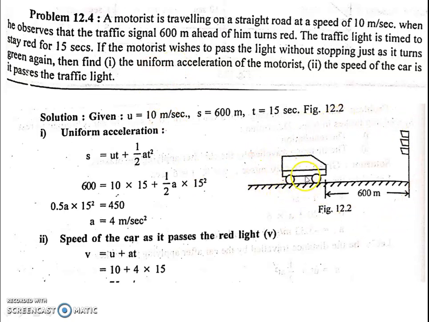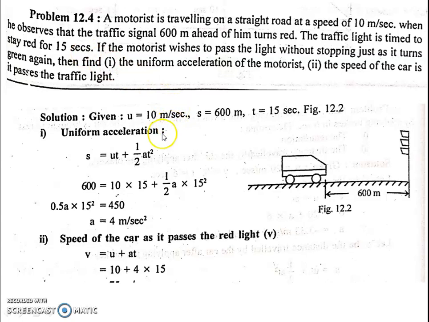This is the car, this is the traffic signal at a distance of 600 meters. The car is traveling with a speed of 10 meter per second, that is U, the initial velocity. S is distance. Then T is given, T is 15 seconds.